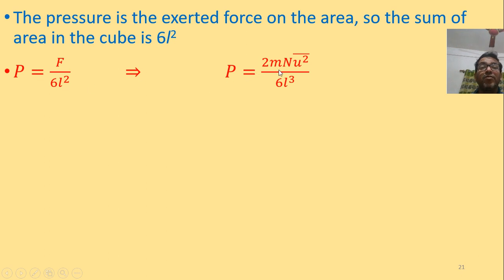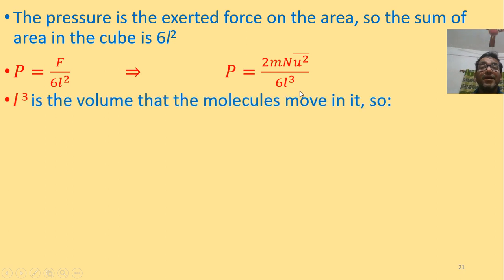We already found F in our previous slides. So this is 2 m, where m is the mass of each gas particle, and the number of particles is capital N, and then u square bar by 6L cube. L cube is the volume of the container.